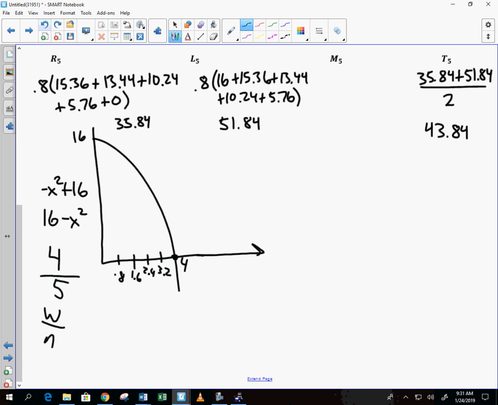We haven't talked about the midpoint yet. Midpoint. What spot do I evaluate the height for the first midpoint? At 0.4. Here's what a lot of people make a mistake on.